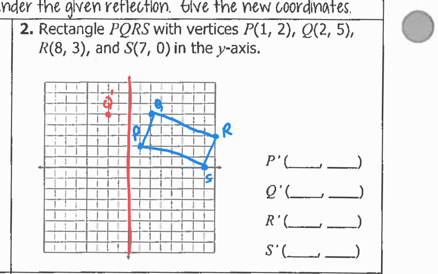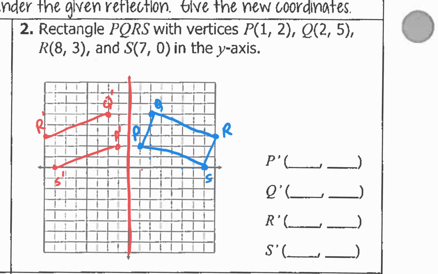P is 1 unit to the right, so we're going to go 1 unit to the left, so that's P prime. R is 8 spaces away, so we go 8 spaces to the left, and that's R prime. S prime, we have 7 units, so we're going to go 7 units to the left. So that's going to be S prime.